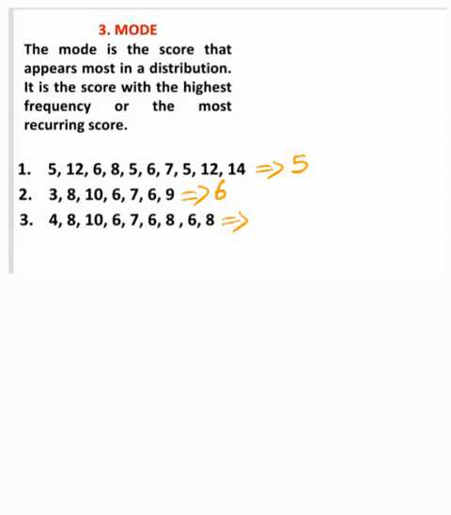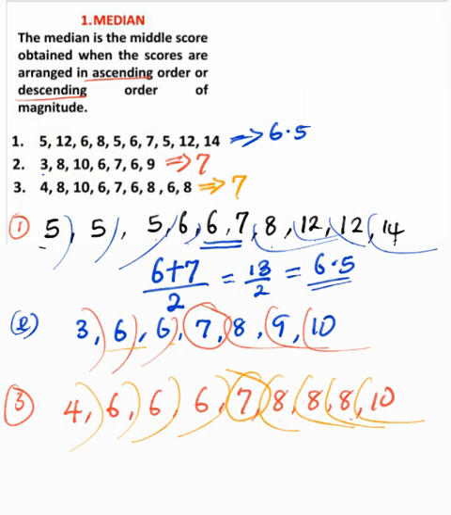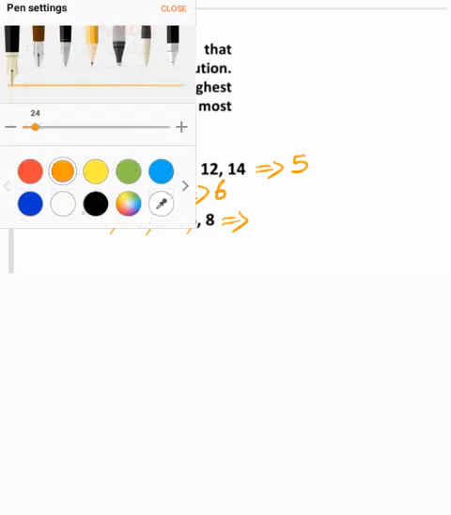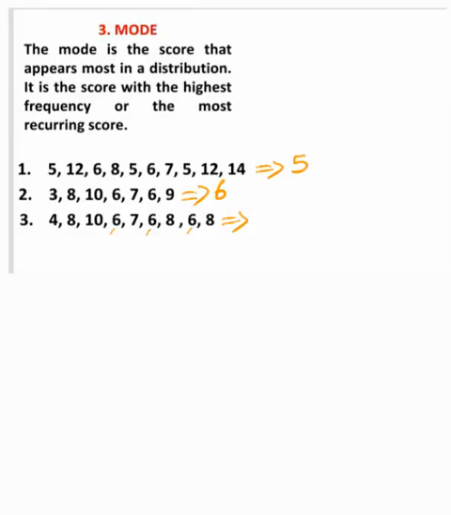Now, the third question, we have 6 appearing 3 times. It also appears 3 times. All right, we have 1, 2, 3 for 6, and then we also have 1, 2, 3 for 8.